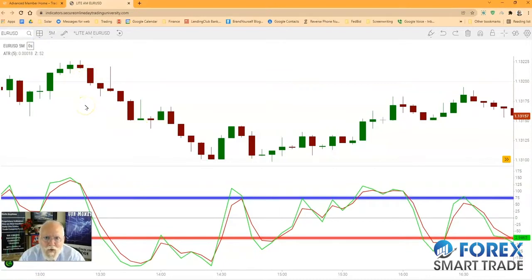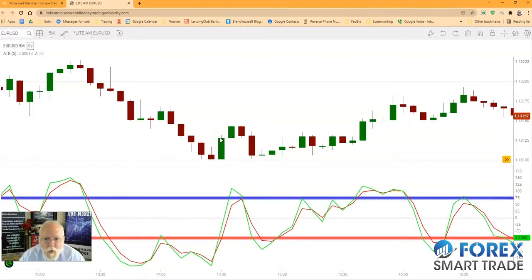And for those of you who aren't familiar with candles, basically on a 5-minute chart, each candle has 5 minutes of information in it. A green candle means the price closed above where it opened. So here on this green candle, it opened here, went up to here, all the way to the end of the wick, then pulled back and closed here at the top of the candle.